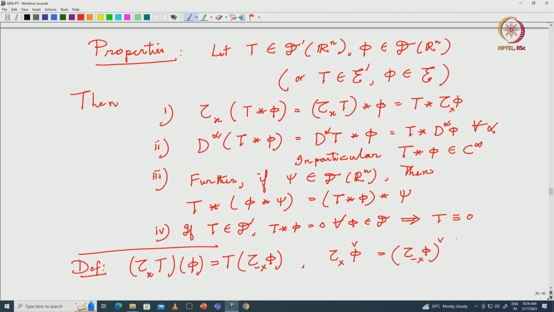You can verify this when T equals T_f, which is how it got motivated. The proofs are algebraic but very subtle, so let us see whether I will get time to go into that.